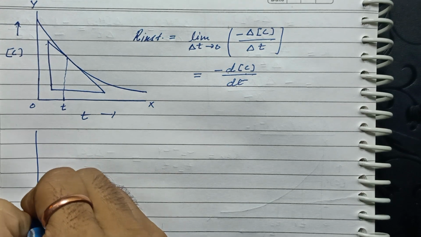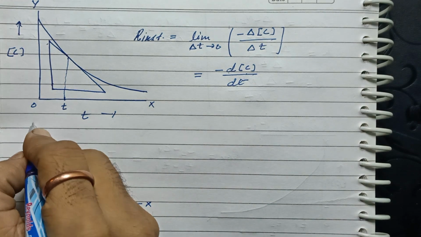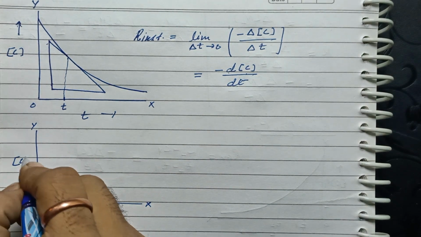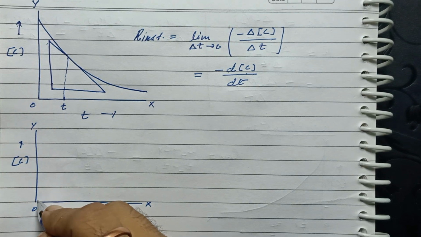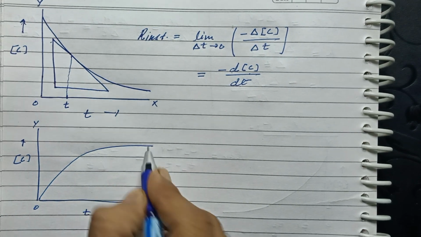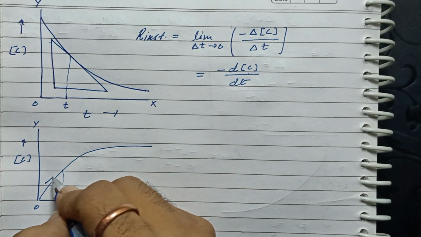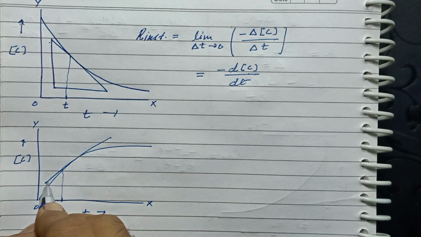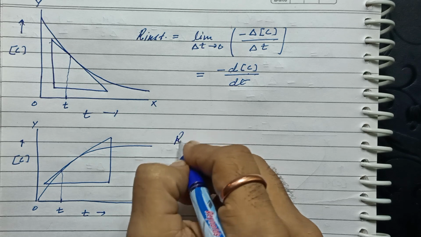Now for the product, concentration, time, the graph will remain the same. At this point T, draw a tangent, calculate the slope.